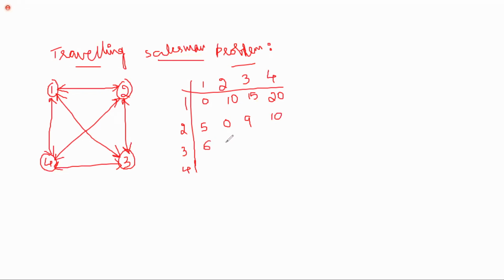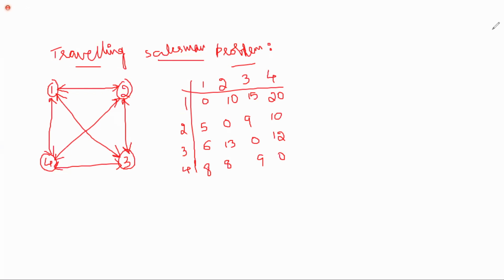Next: 6, 13, 0, then 8, 9, 0. Assume this is the given problem. From this problem, we are going to construct which is the best way to visit. If I visit which city first can I get the minimum cost? That we have to discuss.